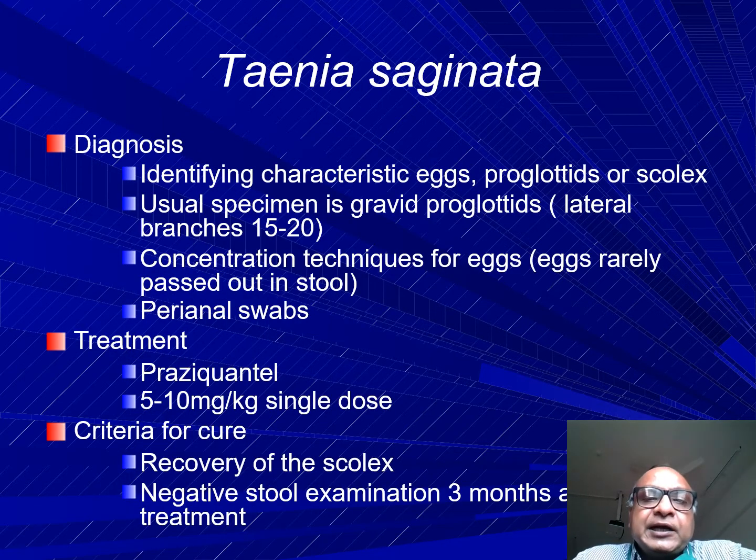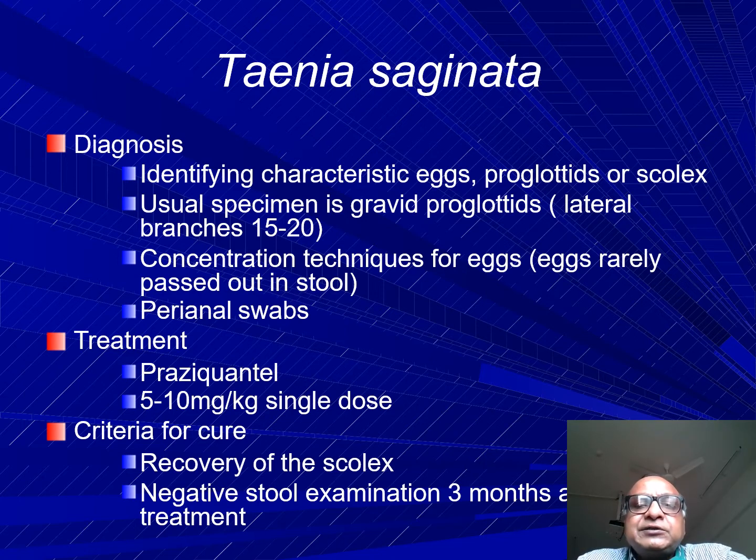Diagnosis and treatment. Diagnosis: you can imagine that the parasite is living in the intestine and passing the eggs. So the finding of the characteristic egg in stool, and the gravid segment is passed in the stool.